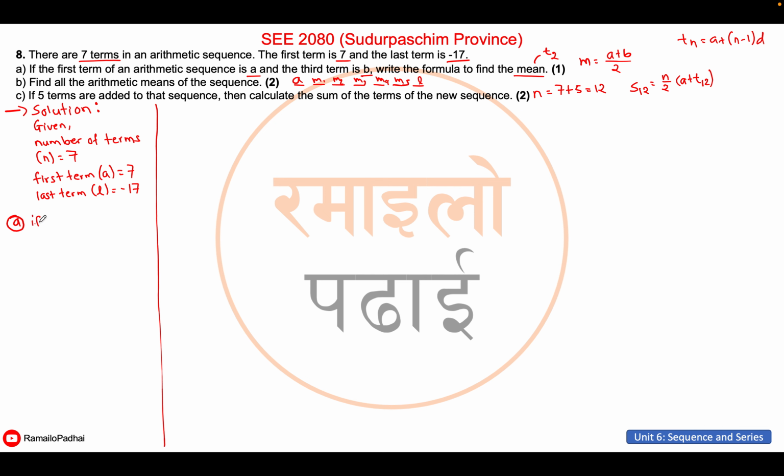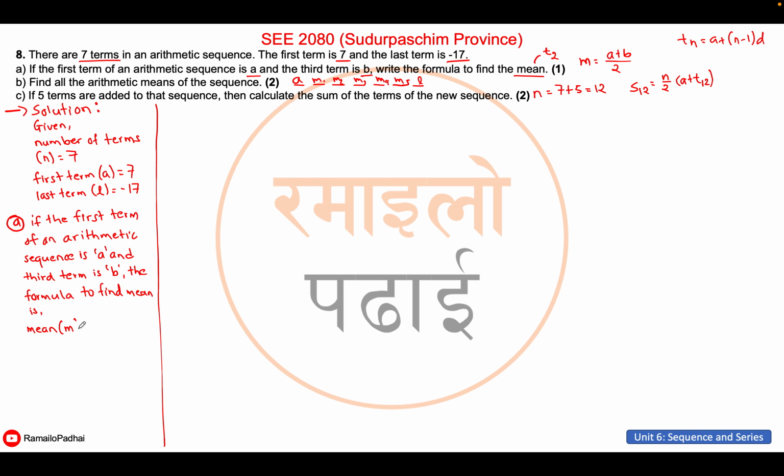Okay, we will write: if the first term of an arithmetic sequence is A and third term is B, the formula to find mean is, mean, that will be m is equals to A plus B upon 2, and that mean will be the second term.